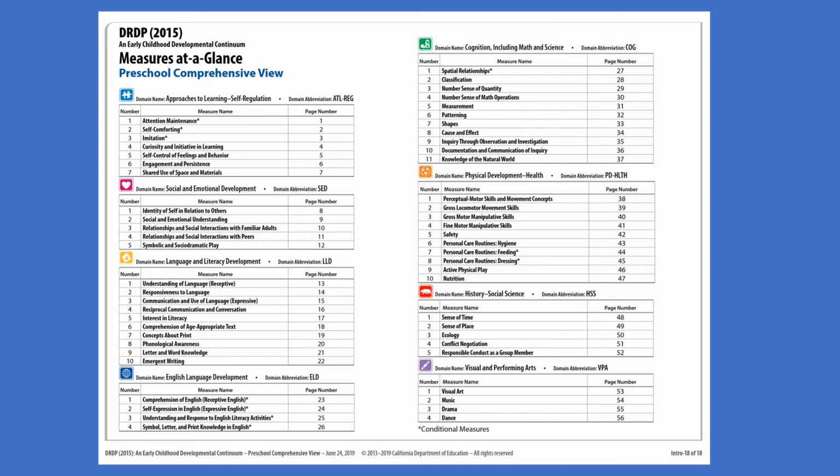So what you're looking at on the slide right now is called Measures at a Glance. It is what I like to call a table of contents of all the measures that are within the DRDP. The DRDP is widely used across the United States now.